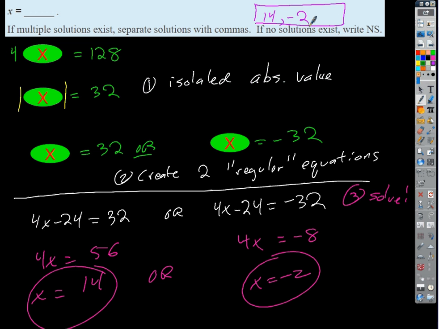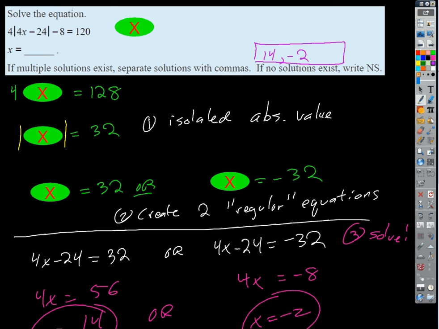It's just two different solutions, two different values of x. That's our Moodle shortcut way of saying x equals 14 or x equals negative 2. I just want you to put in the values, the solutions for x. If there's more than one, just put a comma between them. Okay? Make sense? All right, those were the two worst ones.